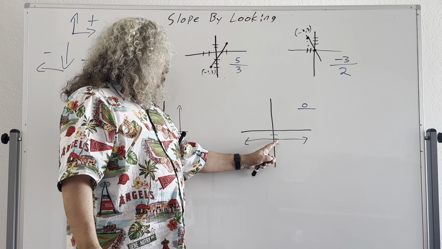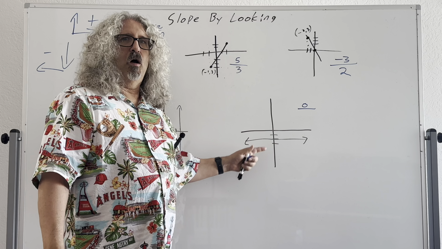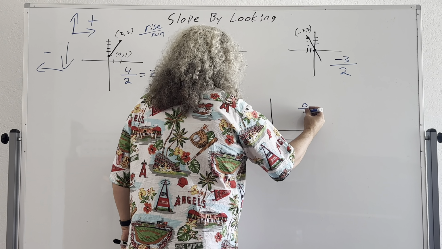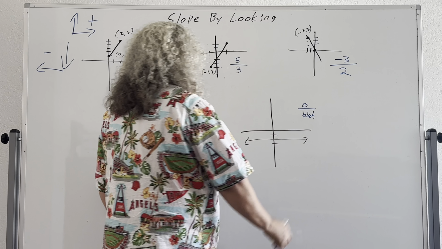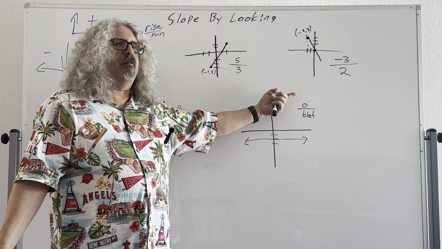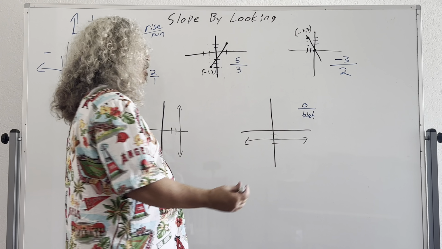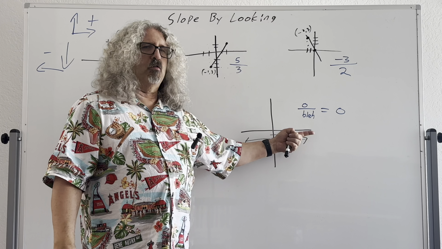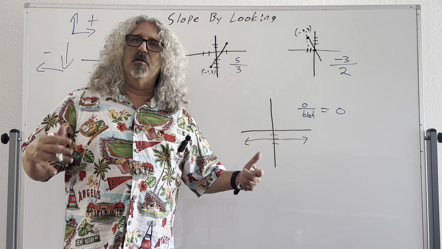The run could be 1, 2, 3, 5, 8, 12, a billion, negative a billion. Whatever. I'm going to write blah because it could go over whatever. The reason it doesn't matter is because once I have a 0 on top, what does that mean? The answer is 0. So whenever you see a horizontal line, that's what we call a 0 slope or no slope.